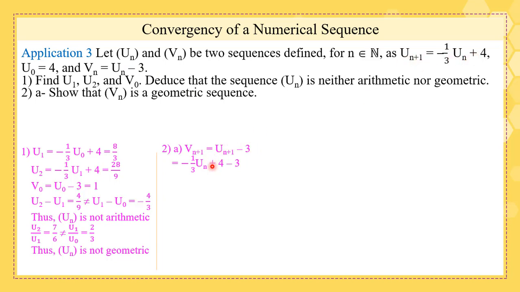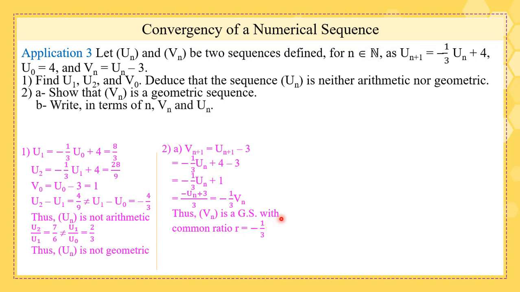If we just substitute, don't forget to put negative 3. This is going to be this quantity, and finally it will be minus 1 over 3 Vn. So we can say that Vn is a geometric sequence with common ratio R, which is negative 1 over 3.